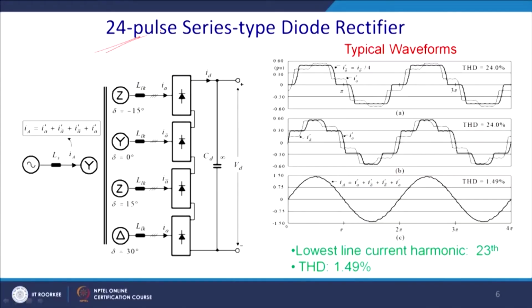In the same way we can extend our discussion to the 24 pulse converter. The harmonics you can eliminate are the 5th, 7th, 11th, 13th, 17th, 19th. Next will be 23 and 25, but the 23rd or 25th also will not be present, because your 5th harmonic is absent.